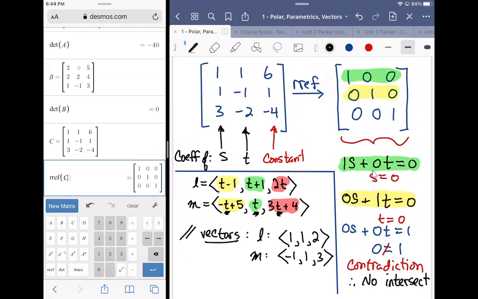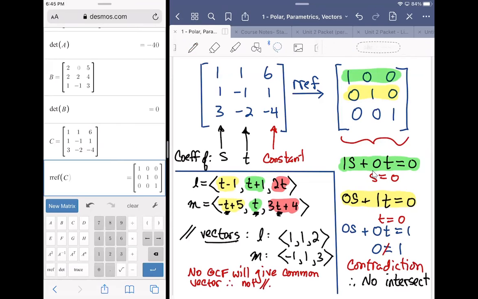There's no GCF for L, and the best you could do to pull out a GCF for M would be to pull out a -1. Either way, no GCF will give a common vector. Therefore, not parallel.